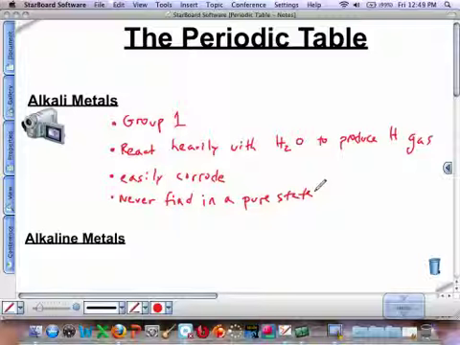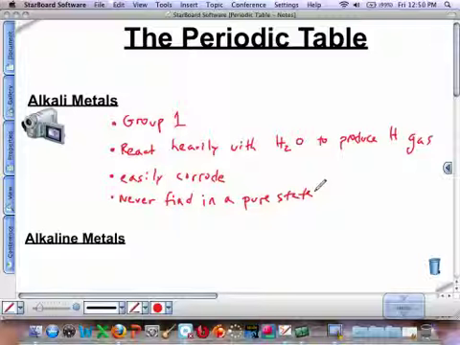That's not an easy process. So sodium is actually relatively expensive, despite being pretty abundant. Okay, give me something else.